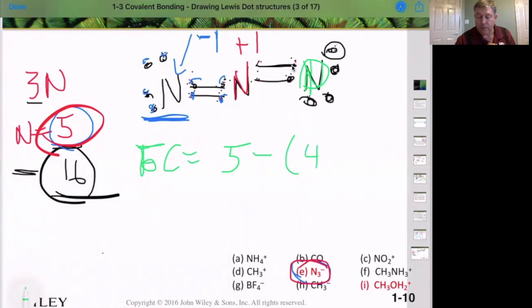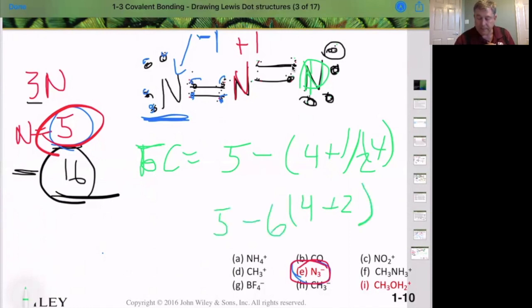We have 4 non-bonded lone pair electrons, plus 1/2 of the shared, we had 4 shared electrons. So 1/2 of 4 is 2, plus 4. So we have 5 minus 6, because the sum of this bracket here is 6, which is a formal charge of -1. So this nitrogen also has a -1. Okay. How can that be?